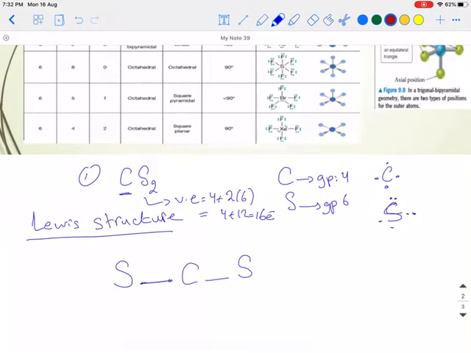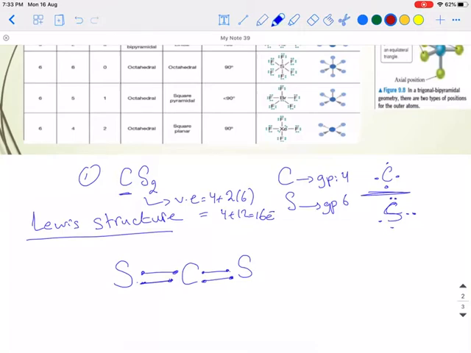Carbon should feel 8 around it. This is 1, 2, 3, 4. I will continue either by adding lone pairs or adding bonds. Carbon doesn't have a lone pair, so I will start adding bonds. So 1, 2, 3, 4, 5, 6, 7, 8. Now carbon is feeling 8 electrons.